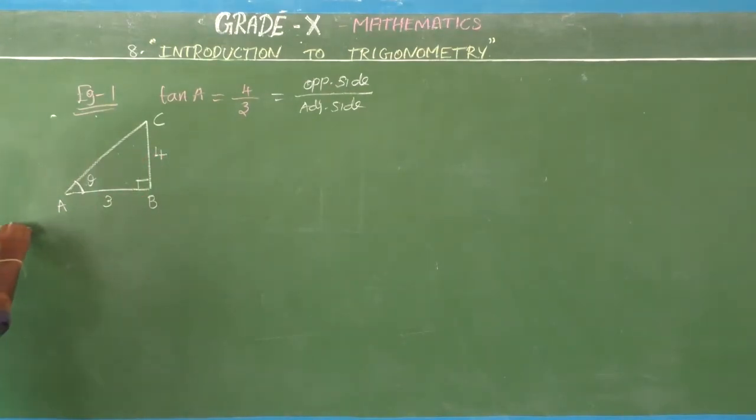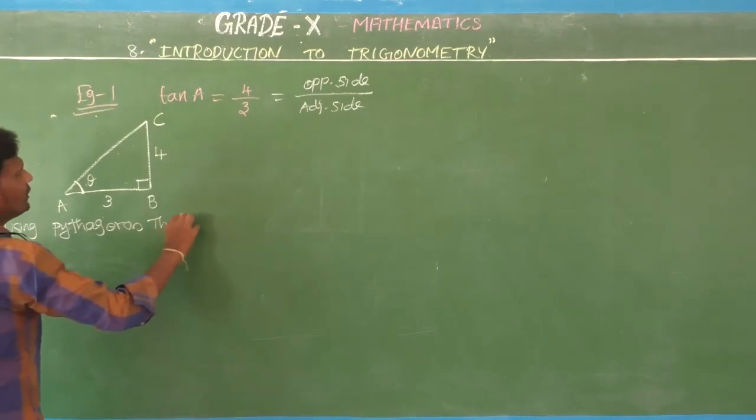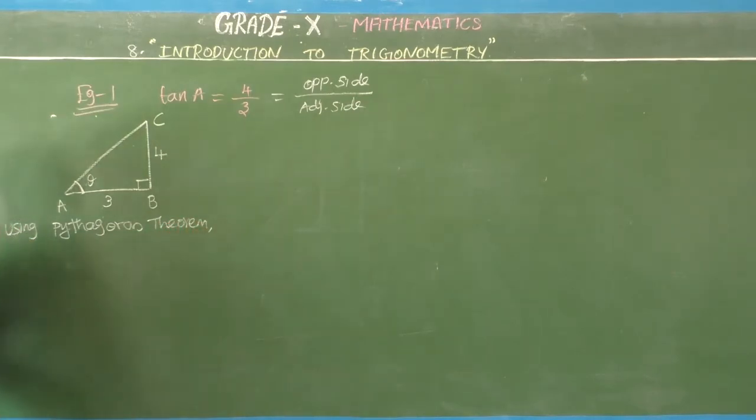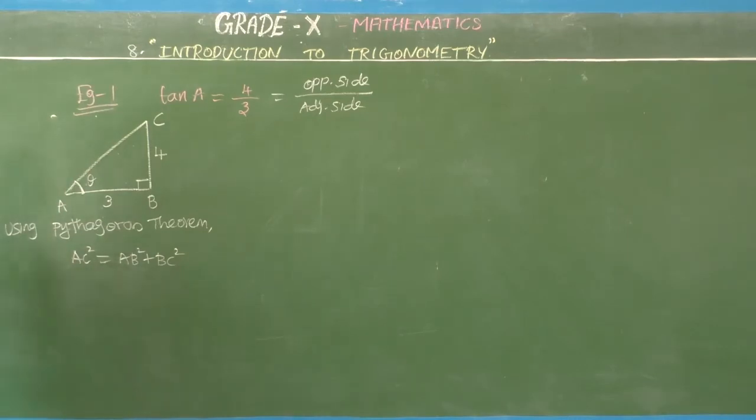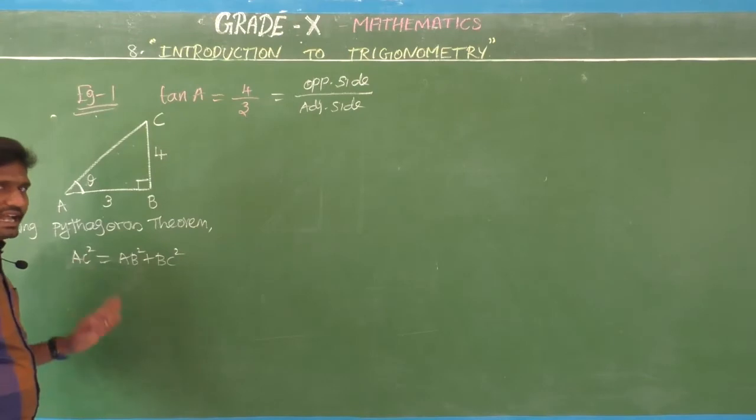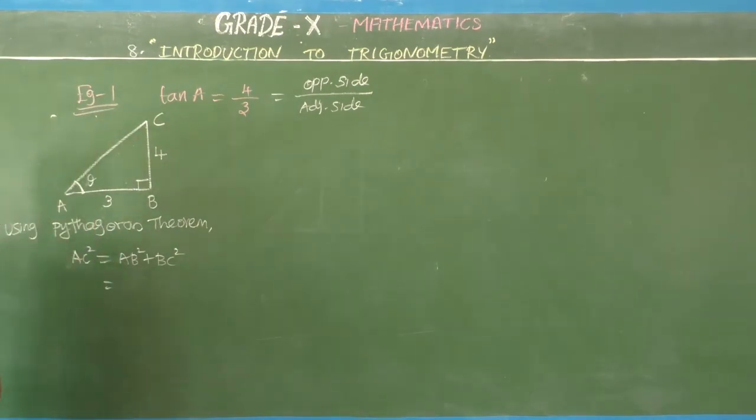So for that I am going to use the Pythagoras Theorem. We know the Pythagoras Theorem: the hypotenuse square is equal to the sum of the squares of the other two sides. So AC square equals AB square plus BC square. Use that concept to find the remaining side of the right angled triangle.